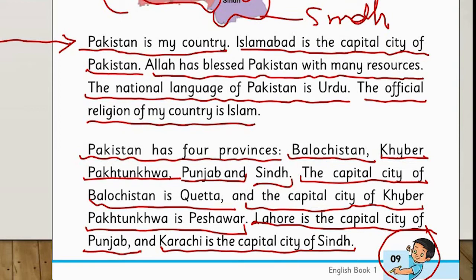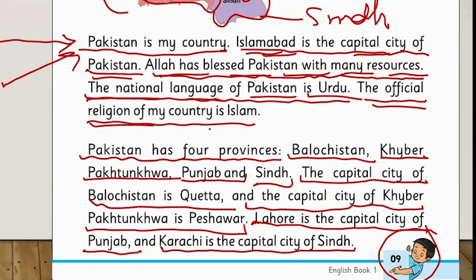I read again. Pakistan is my country. Islamabad is the capital city of Pakistan. Allah has blessed Pakistan with many resources. The national language of Pakistan is Urdu. The official religion of my country is Islam.